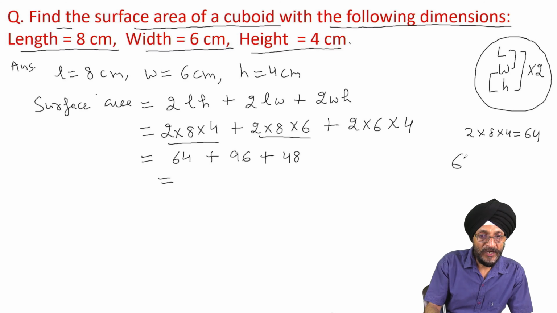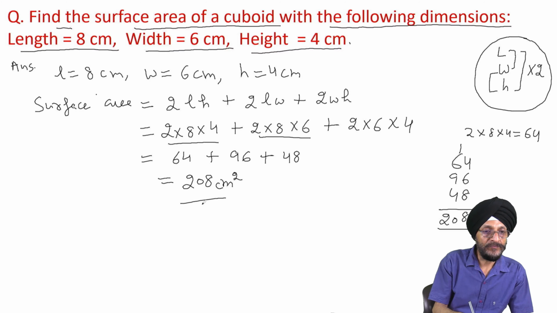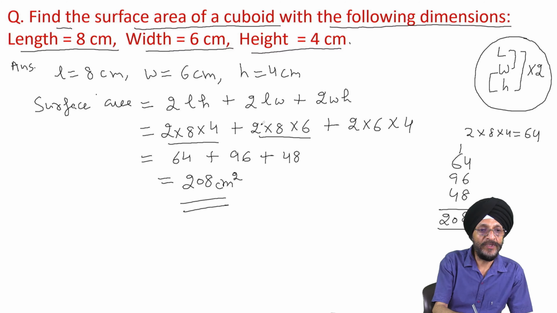So now let us add the same. 96, 64, 48, that is, 208 square centimeter. This is the answer of the surface area of cuboid.